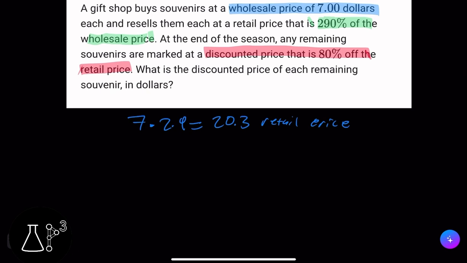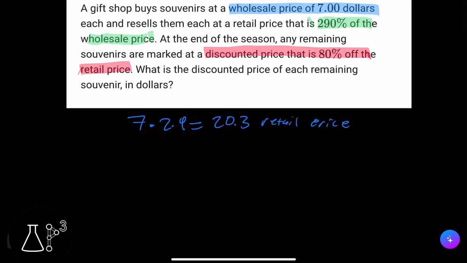So what does it mean by a discounted price that is 80% off the retail price? Well, if it's discounted at a price that is 80% off, that basically means that out of the retail price, the number decreases by 80%. Therefore, the discounted price is going to be 20% of the retail price.